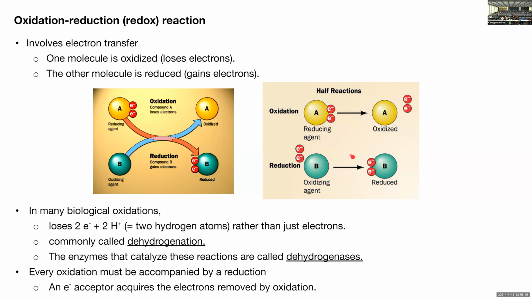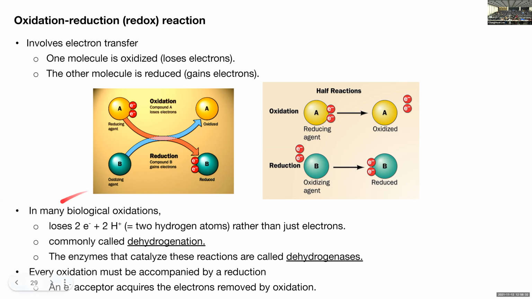So it induces the reduction of the B molecule. So the A molecule will be called the reducing agent. Although the A molecule is oxidized, it'll be called the reducing agent, as opposed to this, the B molecule that is reduced will oxidize the A molecule. So it'll be called the oxidizing agent.